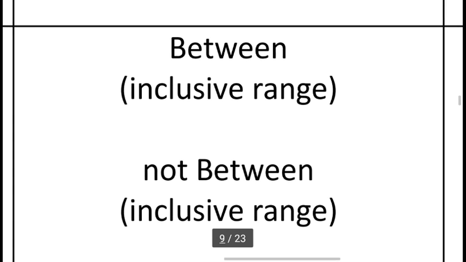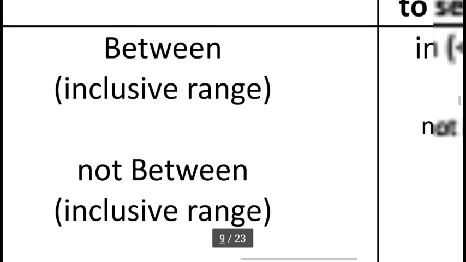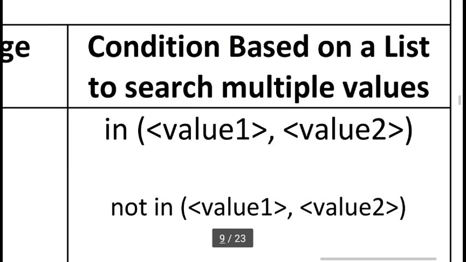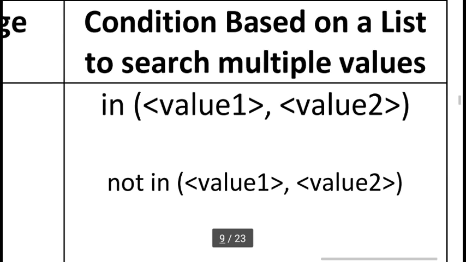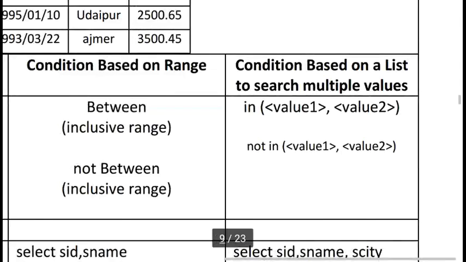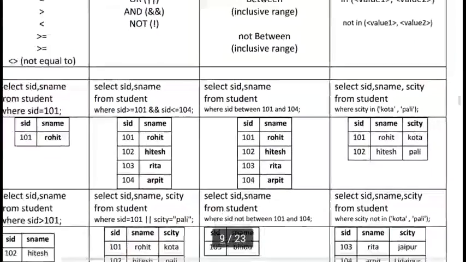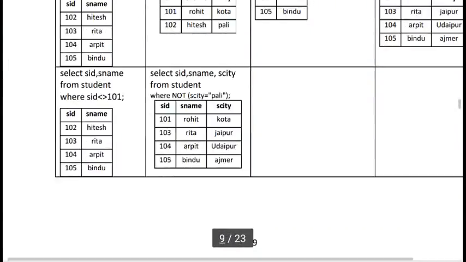We can also use BETWEEN and NOT BETWEEN, including a range or excluding a range. Or we can match not a single value but multiple values using IN, or exclude multiple values from our result using NOT IN. So these are simple examples of SELECT.